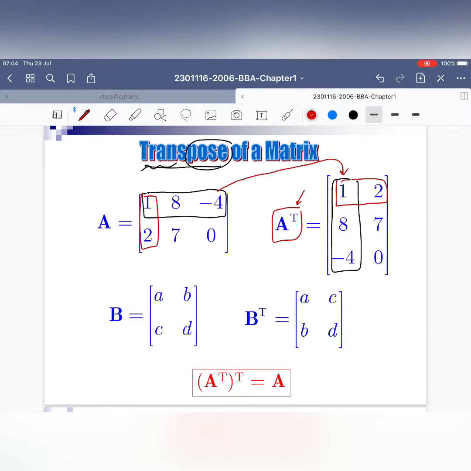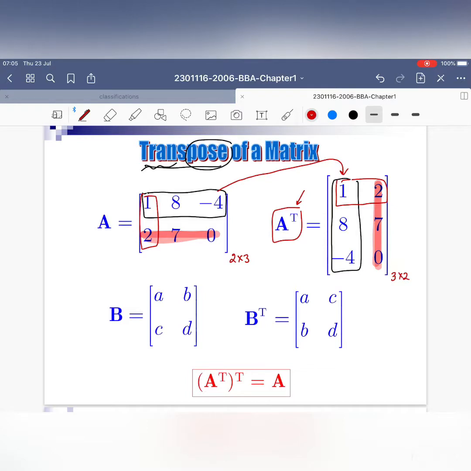And your second row here becomes the second column of your A transpose. So if this is a 2 by 3 matrix, the transpose becomes a 3 by 2 matrix.